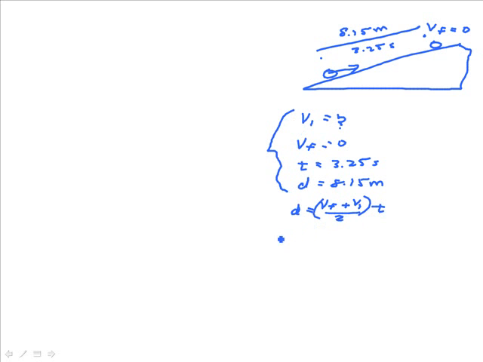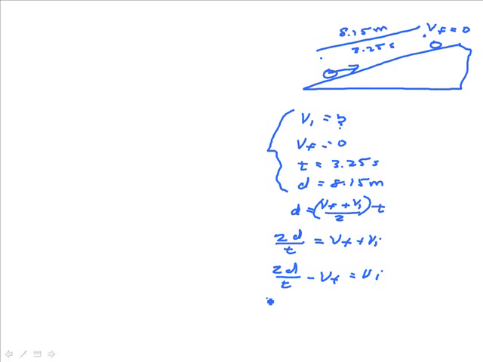So to do that, we go 2d over t. What I did was multiply both sides by 2, divide both sides by t, and I end up with Vf plus Vi. Then, to solve for Vi, I go 2d over t minus Vf. Now, it doesn't really matter much right now because Vf is 0 anyways, but we get Vi.